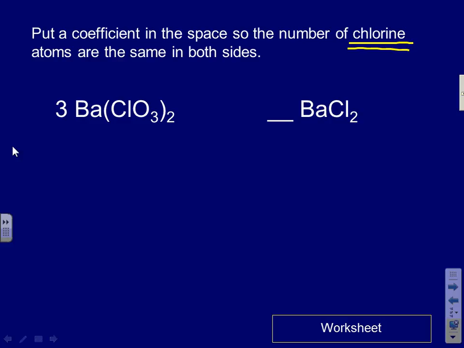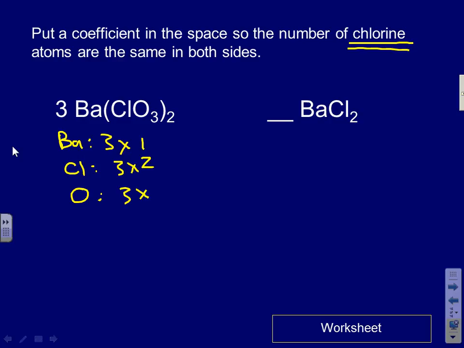So you're going to have to go through the same procedure. We're going to need to do the barium, chlorine, oxygen, 3, 3, 3. We know what that number is. Again, barium is 1. Chlorine is 2.